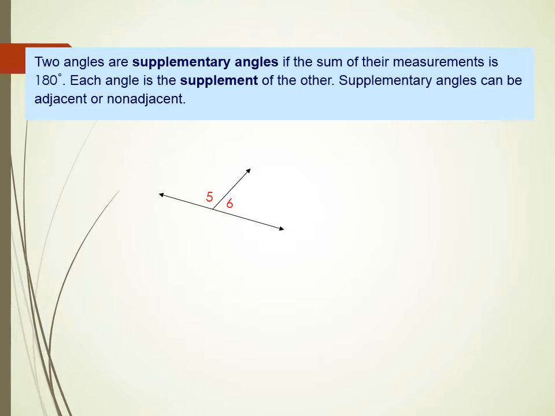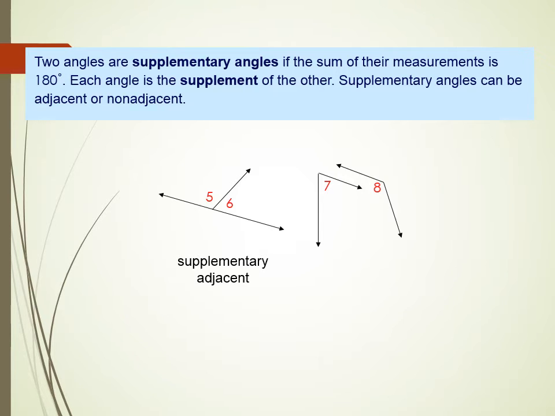So here is an example of supplementary angles that are adjacent. Notice there are two angles, angle 5 and 6, but they form that straight line that they're sitting on, that the ray shares. That makes 180 degrees. 7 and 8, if I was to measure them, notice one's obtuse, one's acute, also add up to equal 180.